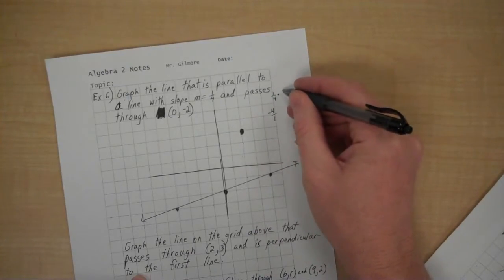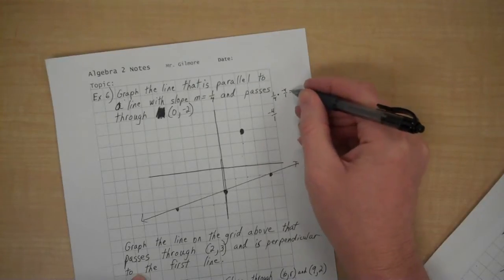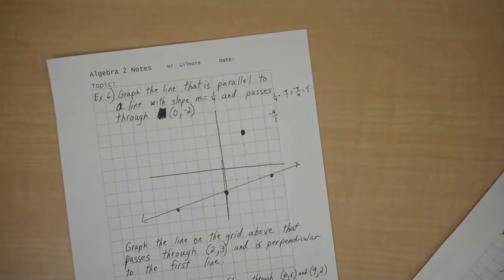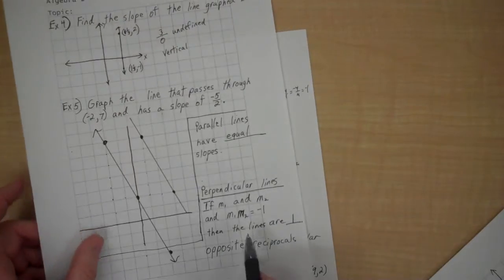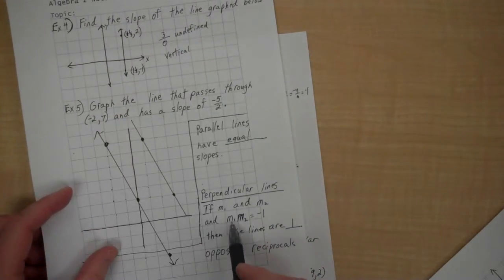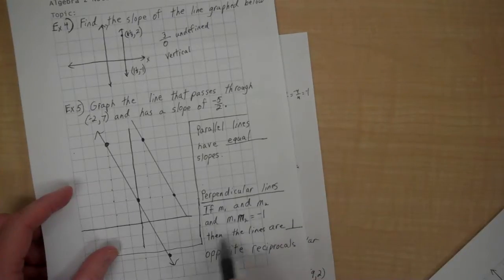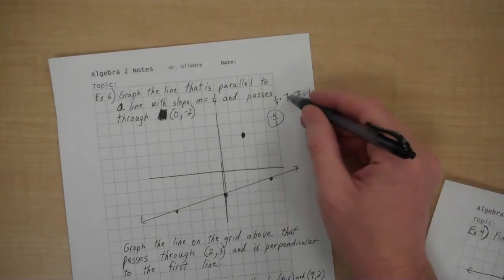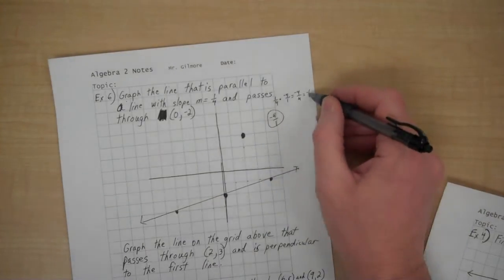1/4 times -4 over 1 equals -4 over 4, which equals -1. Okay? So if M1 and M2, M1 times M2 equals -1, then the lines are perpendicular. Okay, this opposite reciprocal will make what we need to get -1.